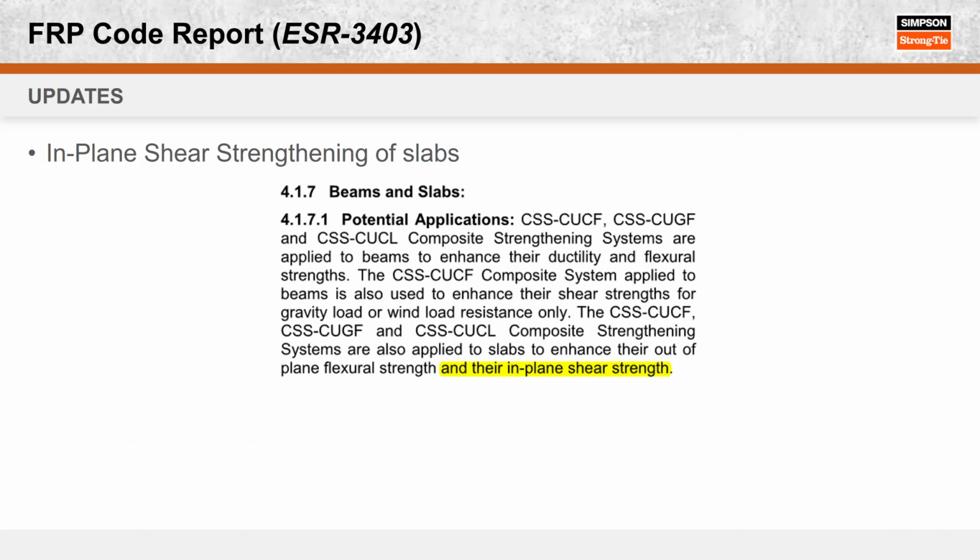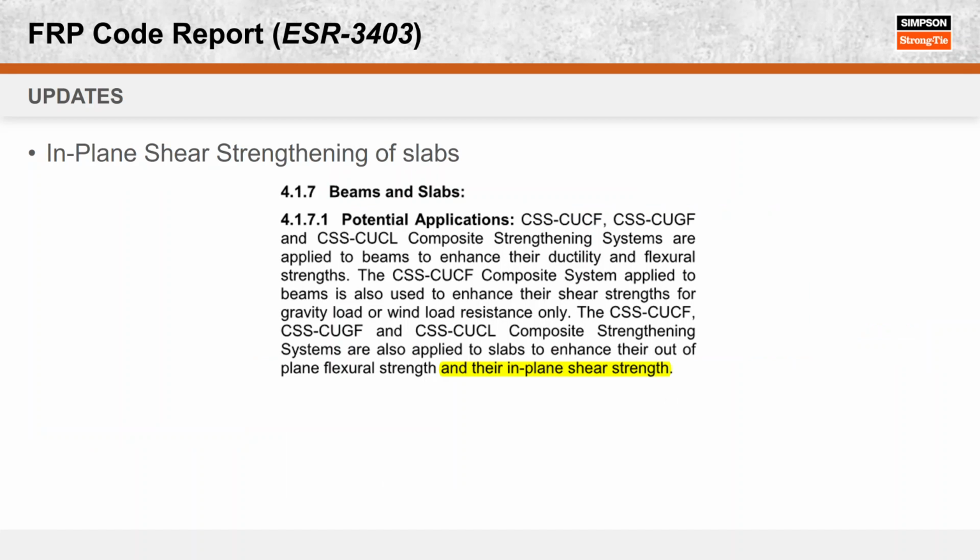As I mentioned a while ago, they are currently adding diaphragm testing and collector testing to the acceptance criteria, so soon we'll be able to do testing to show that we can do that as well. The idea of the in-plane shear strength of a slab, that we're increasing it, is based off the fact that we have wall testing.